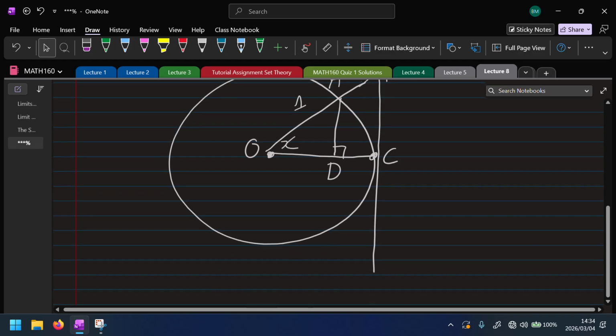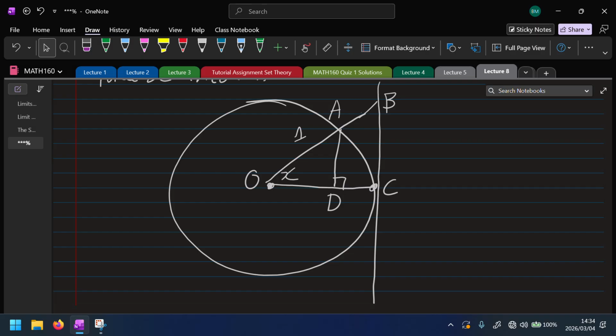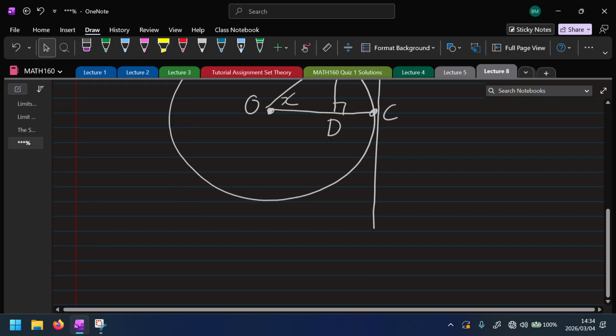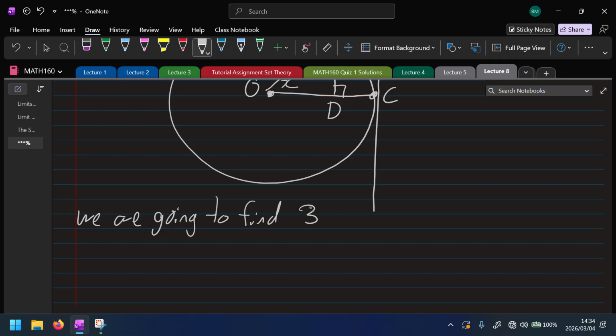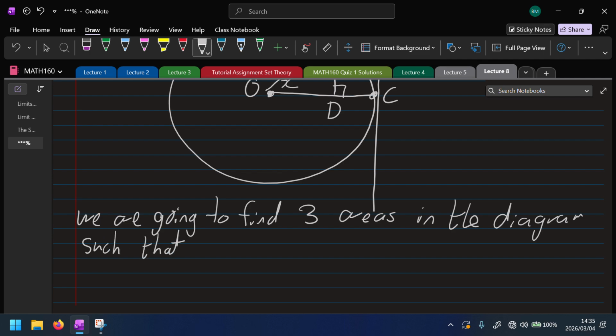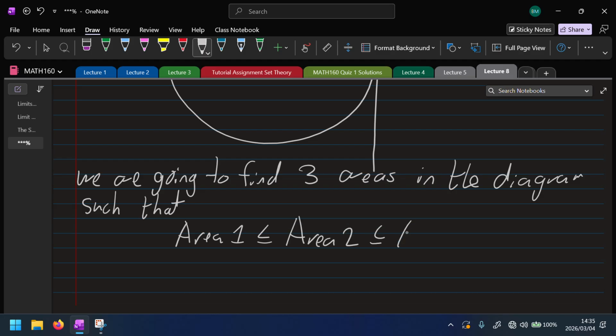So what we're going to do now is consider 3 areas in this diagram where we have a smallest area, medium area, and a large area. We are going to find 3 areas in the diagram such that area 1 is less than or equal to area 2, which is less than or equal to area 3.